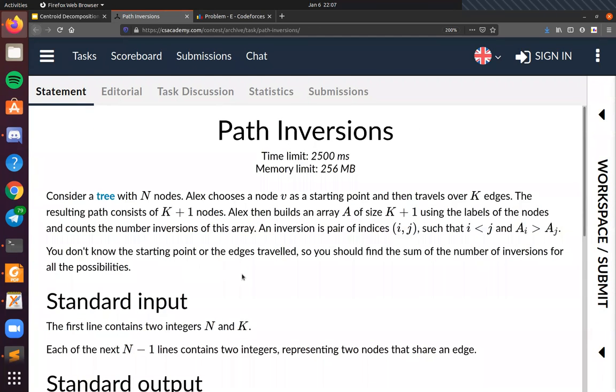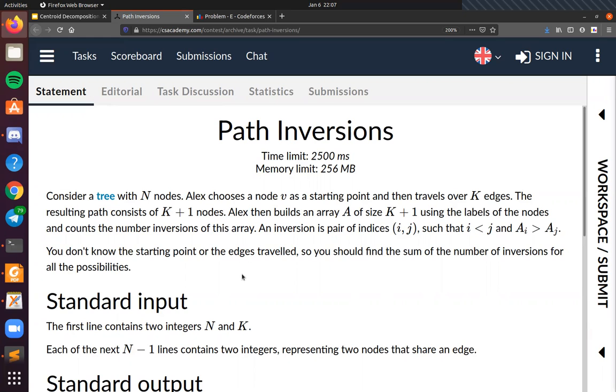So what the question says is, Alex chooses any node, and for all the paths of length k, you find the number of inversions and add it to the answer. Is V given, or any node? No, no. You have to add the answer for all the nodes.